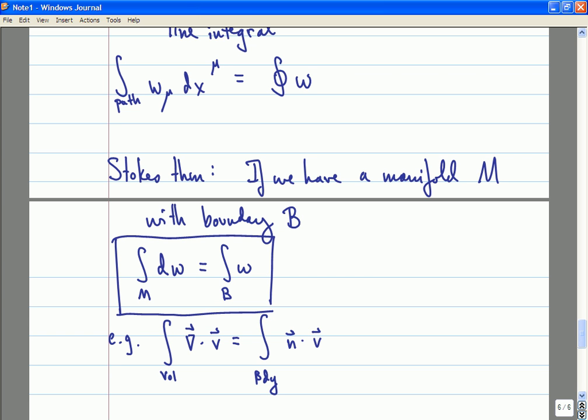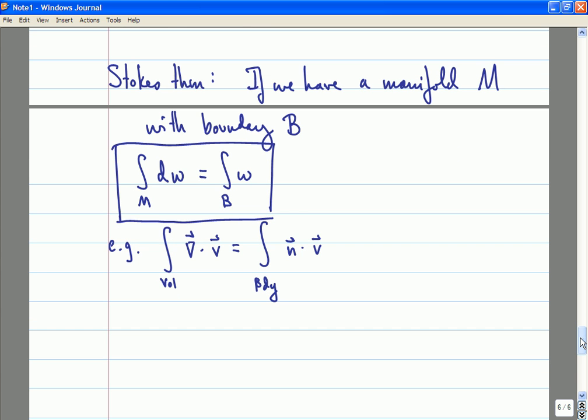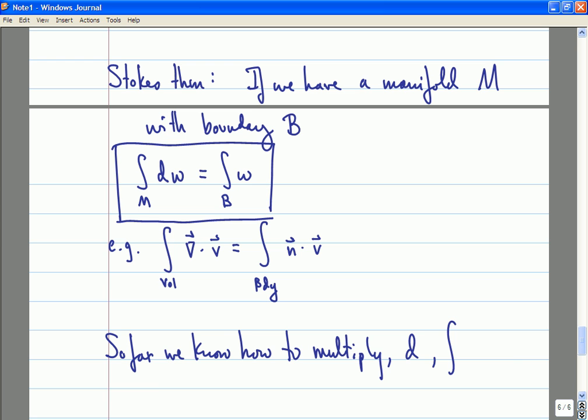So this completes what I had planned to say about the theory of differential forms. Perhaps it's worth giving a little bit of a recap. So far, we know how to multiply, take derivatives of, and integrate differential forms, but not more general tensors.